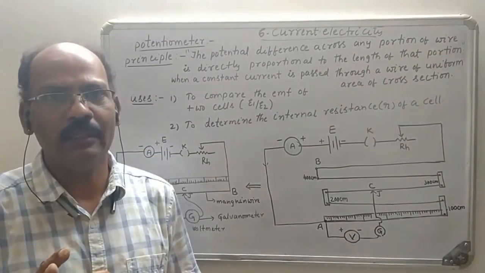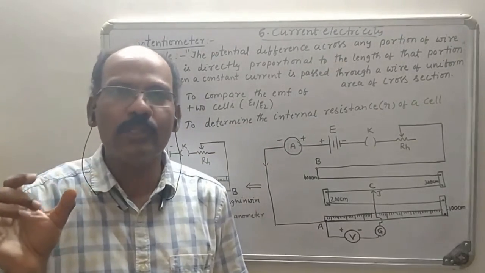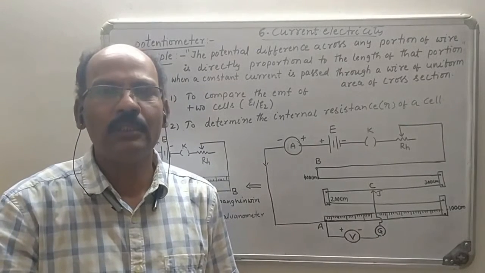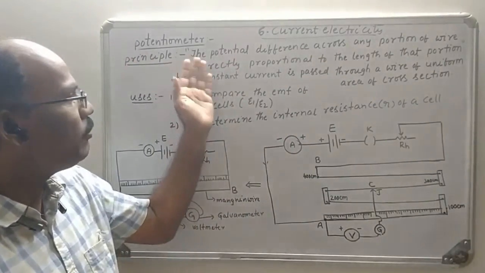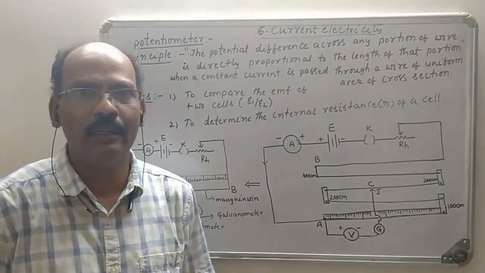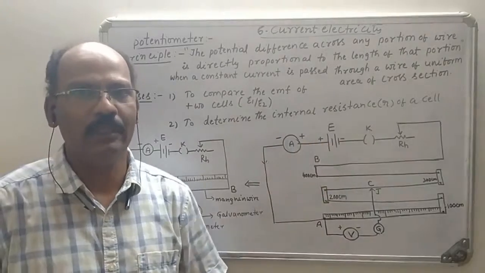In that situation, the potential drop across the selected portion of wire is proportional to its balancing length. That is the principle of potentiometer. Later we will explain in detail with the help of the diagram of potentiometer.